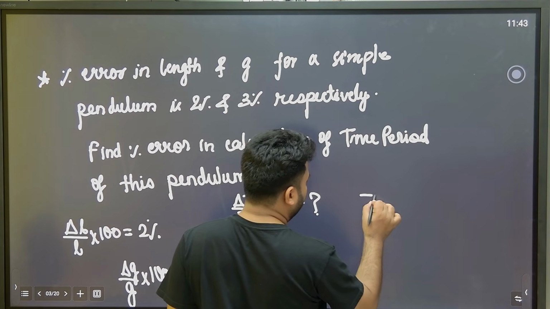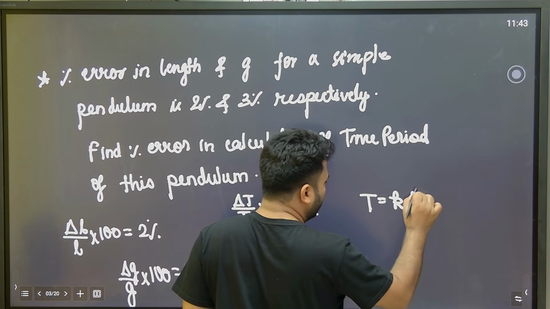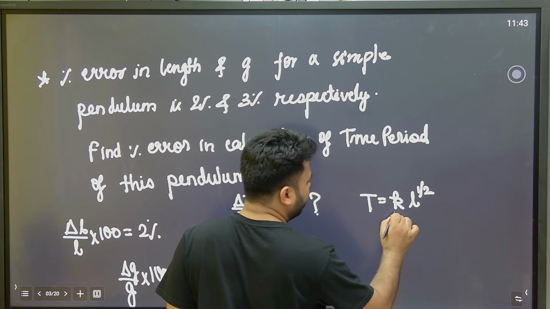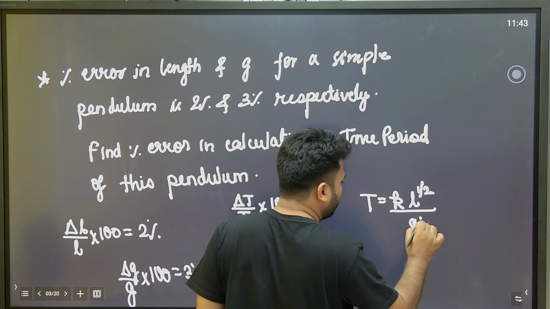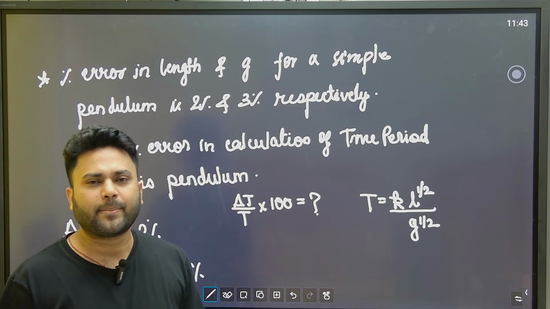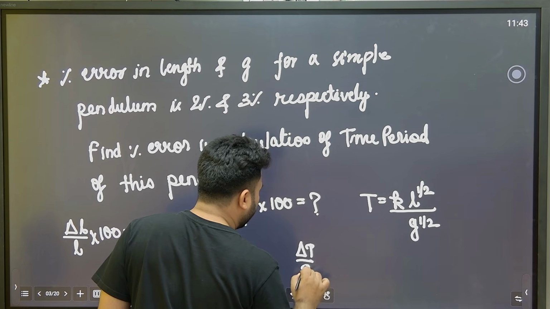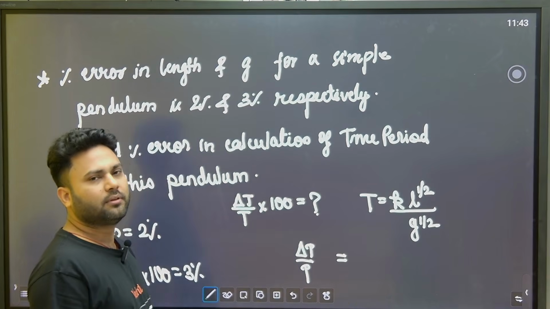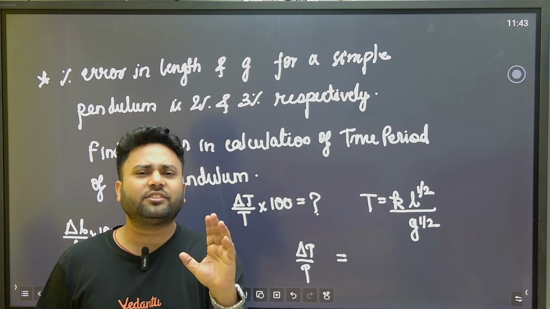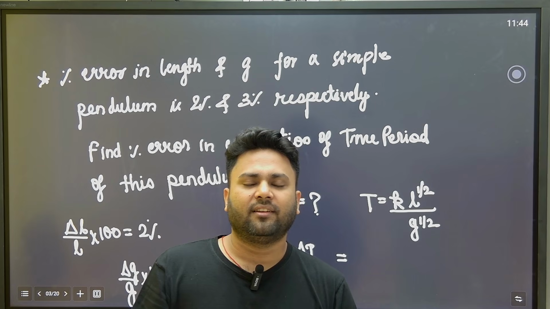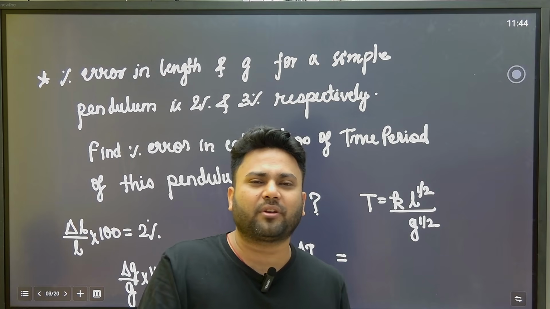We know that time period of a pendulum equals constant into root L by G, that is L to the power 1 by 2 and G to the power 1 by 2 in the denominator. So delta T by T, what can we write? Just now I told, see here we have a constant. Constant is a fixed number, so a fixed number does not have any error. 4 is 4, 8 is 8.